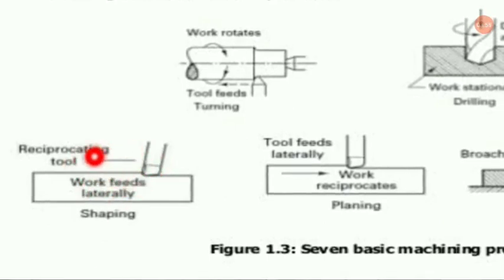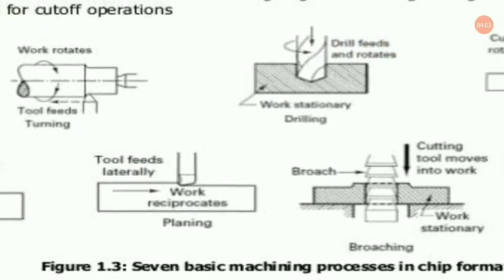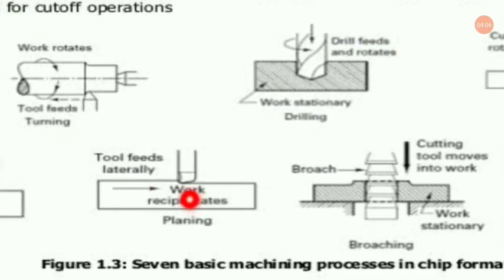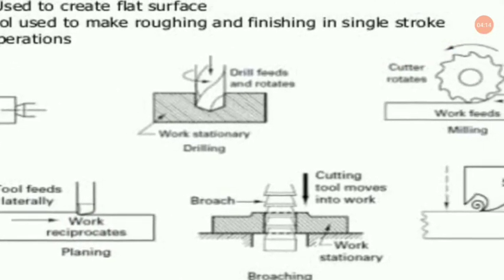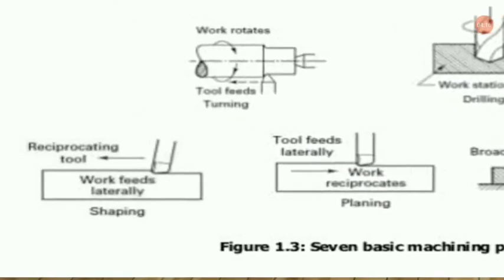Now this is the reciprocating tool, and the work is stationary, so the work feeds laterally. And again, now we have the planing machine, where the tool feeds laterally, but the work reciprocates and the tool is stationary over here. So that is the planing machine. That is the basic difference between planing and shaping. In shaping, the tool reciprocates while the work is stationary, but in planing, the tool is stationary and the work reciprocates.